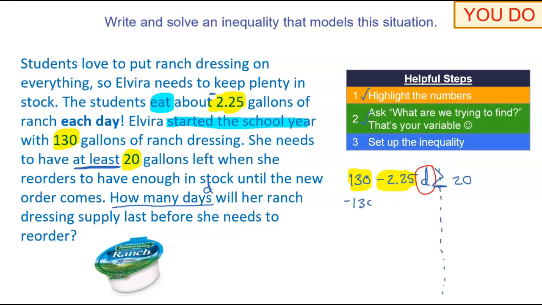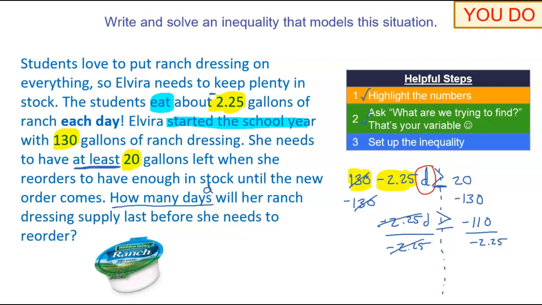We'll subtract 130 because that one is further away than the negative 2.25. Negative 2.25D is greater than or equal to negative 110. We do not flip the sign because subtraction isn't one of the cases where we do that. Now we're going to divide, because we're multiplying here, so we're going to divide by negative 2.25.